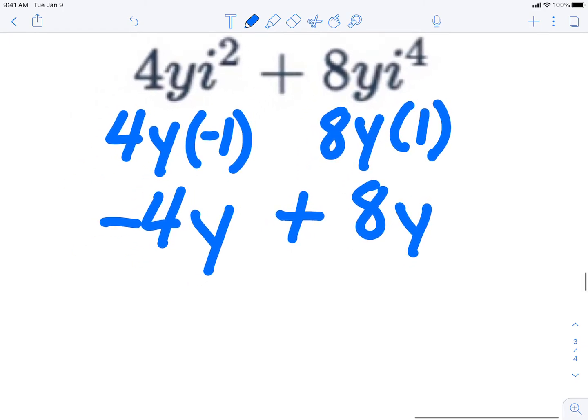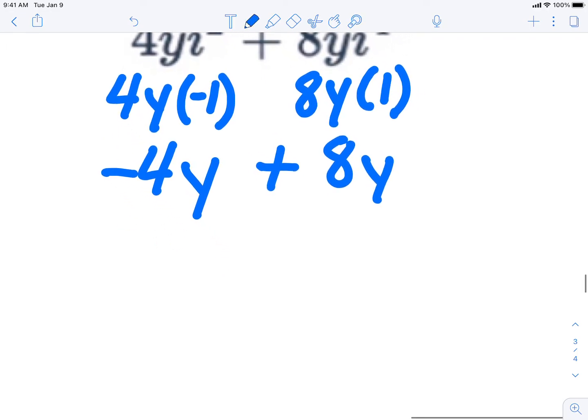Okay? Now look, wait a minute. I know you guys see it. You see it, I see it, we both see it. Look at this. y and y. There's no extra i here. There's no extra i here. There's no extra x that this one doesn't have. They're both exactly the same. That means that they are like terms.